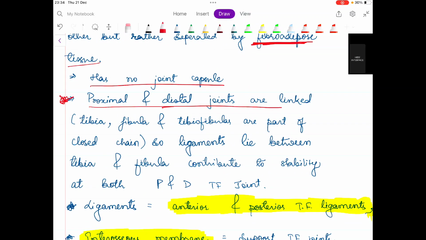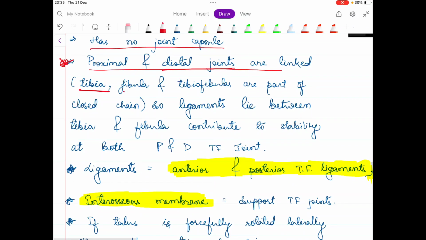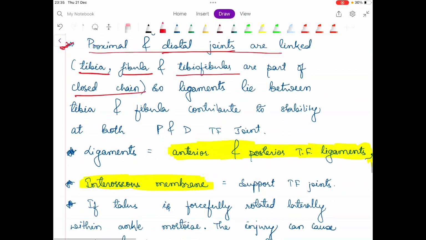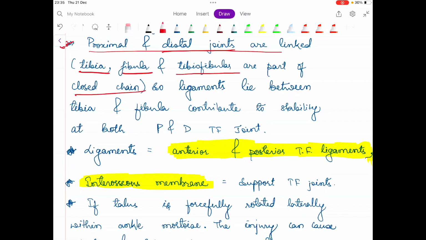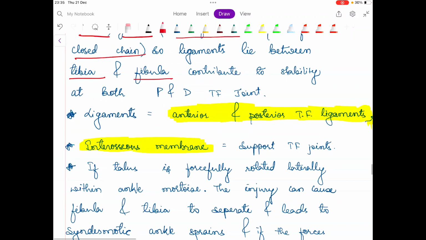Now, the proximal and the distal tibiofibular joints are both linked with each other. That means the tibia, fibula and tibiofibular joints are part of a closed chain. So that is why all the ligaments that lie between the tibia and fibula contribute to the stability of the proximal and distal tibiofibular joints.